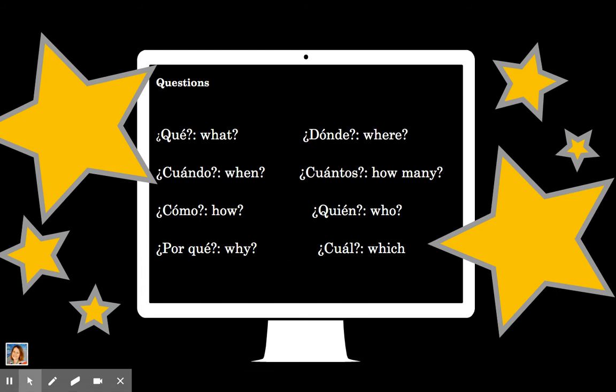We have the questions: ¿qué?, what; ¿cuándo?, when; ¿cómo?, how; ¿por qué?, why; ¿dónde?, where; ¿cuántos?, how many; ¿quién?, who; ¿cuál?, which.